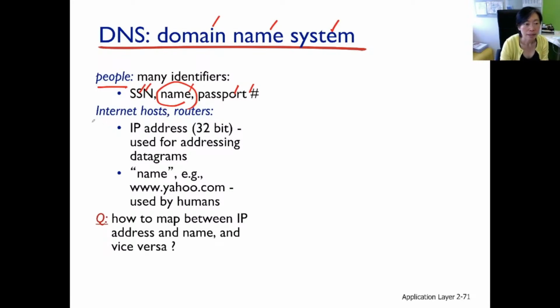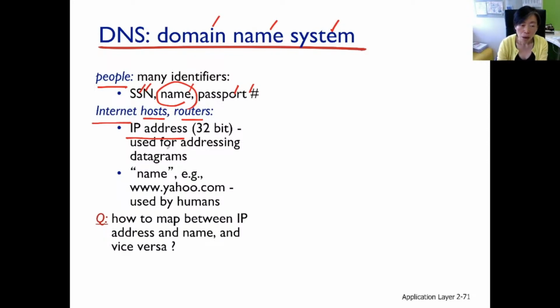Identifying a machine on the internet shows a similar obstacle. Many hosts and routers have IP addresses, but these IP addresses are even harder to memorize, maybe harder than passports. And as you're working on the PAs, memorizing the IP address of the workstation is super hard. Even though you've already worked on it for a while, if I ask you to type it up, it's probably still challenging.